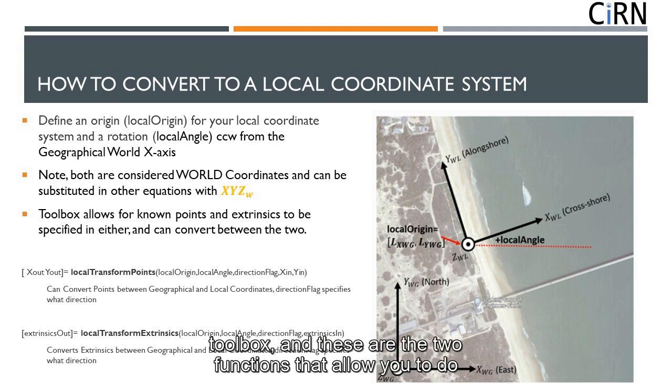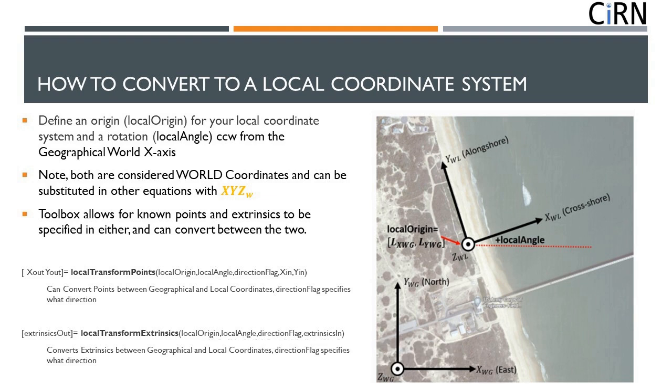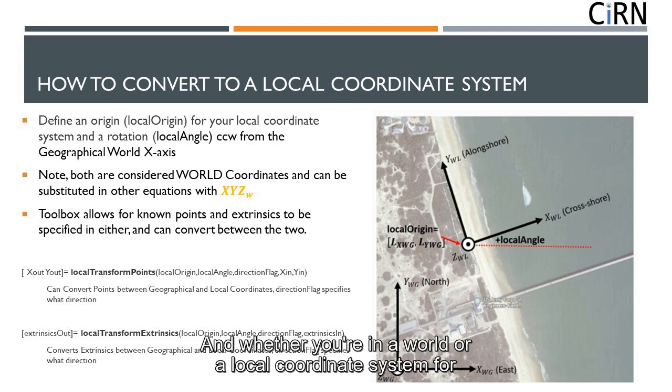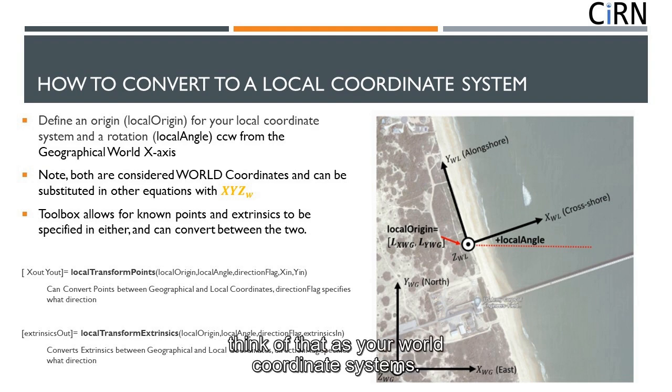These are the two functions that allow you to do that. Whether you're in a world or a local coordinate system, for the purposes of the toolbox and the nomenclature, you can think of that as your world coordinate system. So you're going from world to camera, and world might be an actual geographic world coordinate system or a local coordinate system.